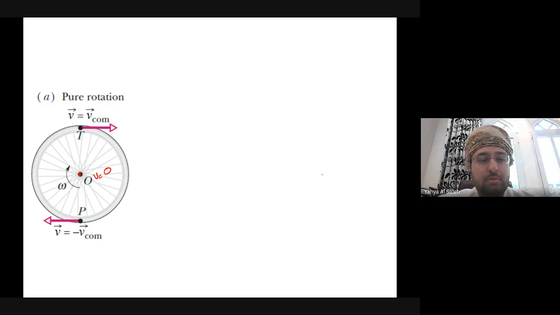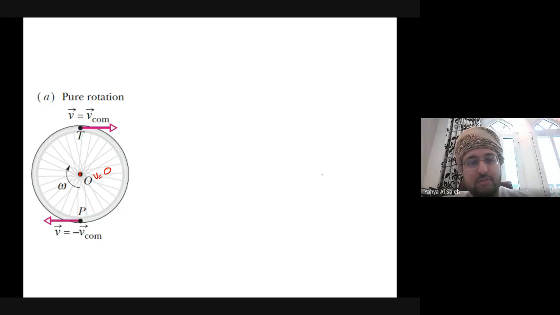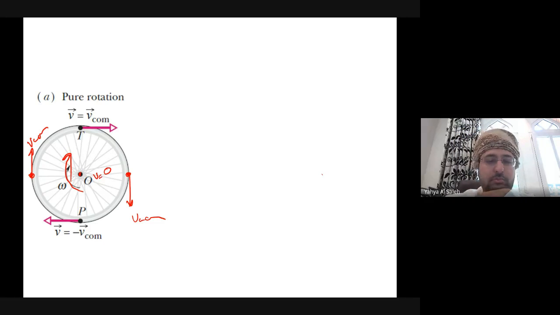At the top, the rotation is going this way, so the velocity is VCOM. Right-hand side, it's still VCOM, but in this direction. Bottom, it's minus VCOM. Left side, it's VCOM. And we're assuming the rotation is going in this direction. So far, so good? Good.